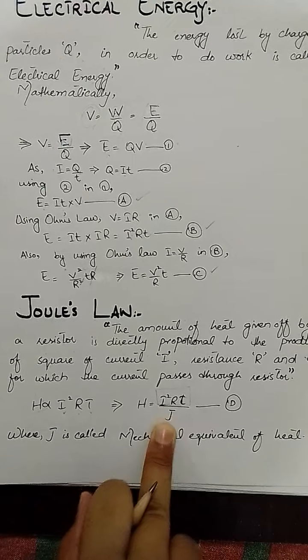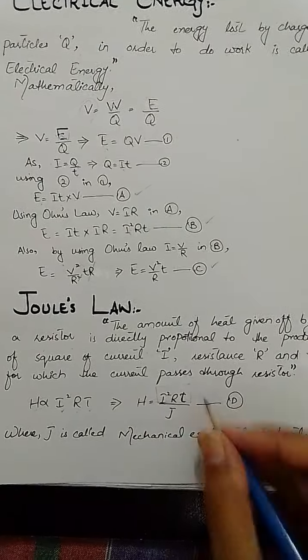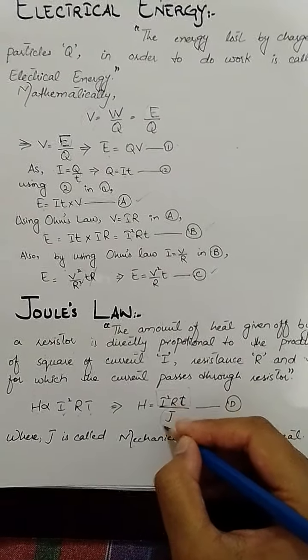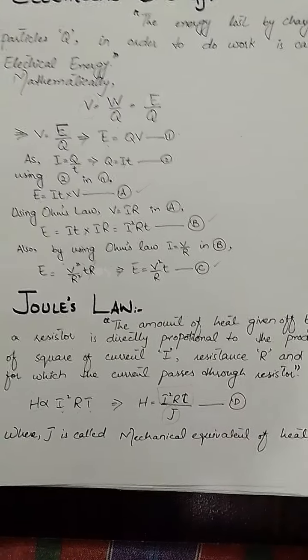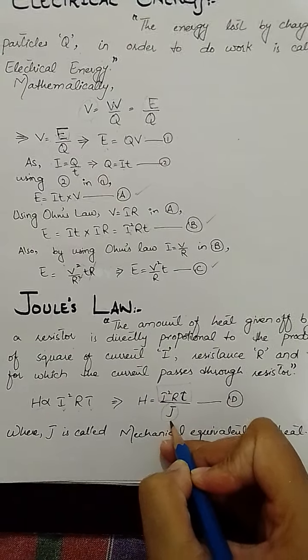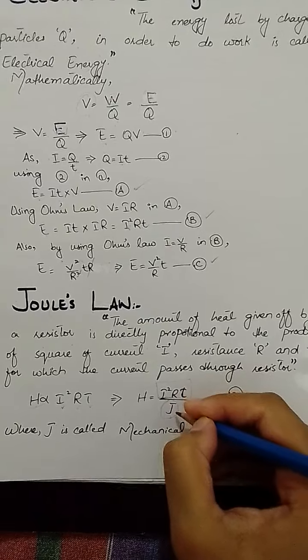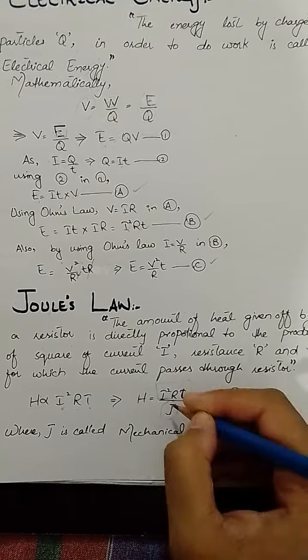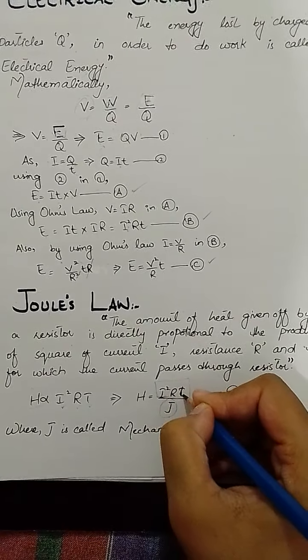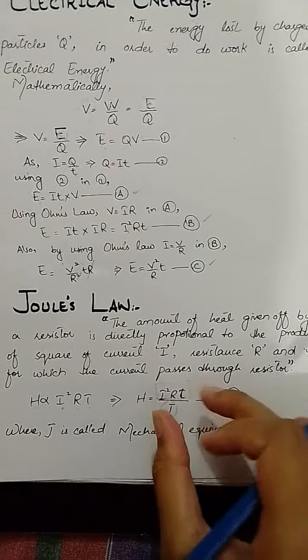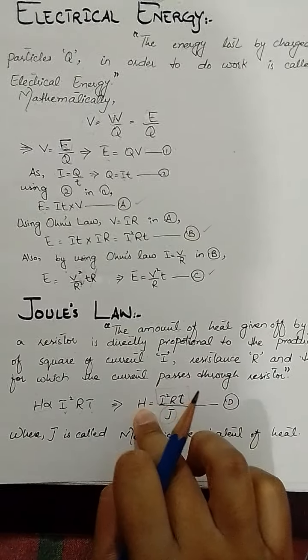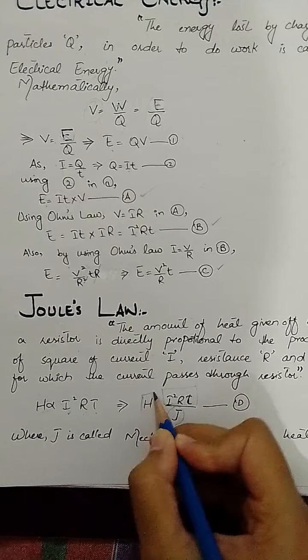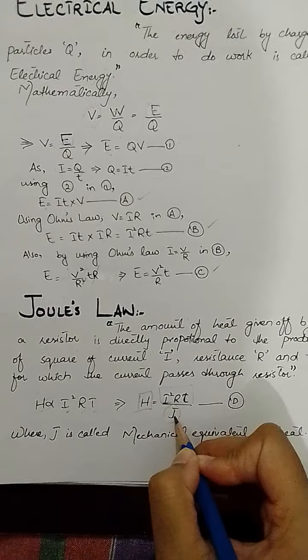the heat given off as mechanical energy. Okay, so इस पूरे आपके mechanical process में जितनी energy use होगी, we have to divide that energy divided by the current, the resistor, and the time. Then the remaining energy would be the heat given off by the resistor. Okay, these two are different terms.